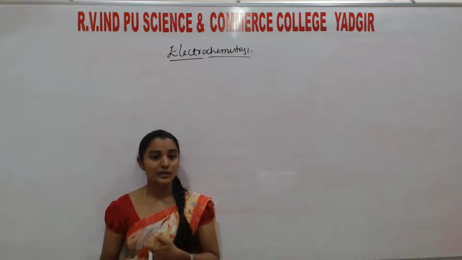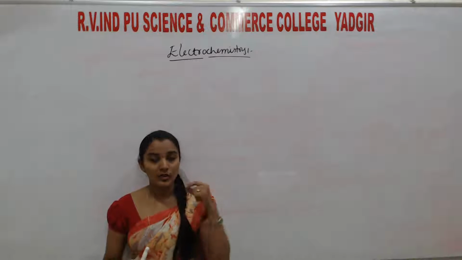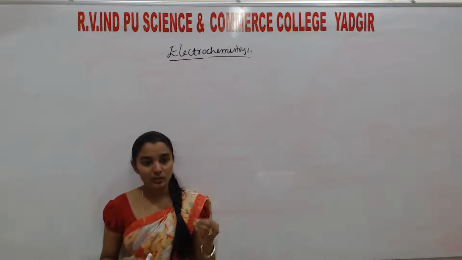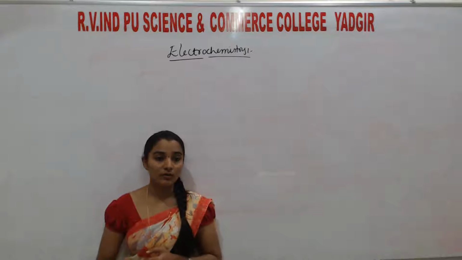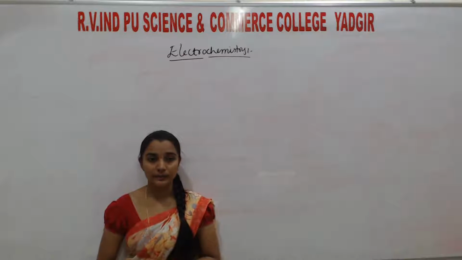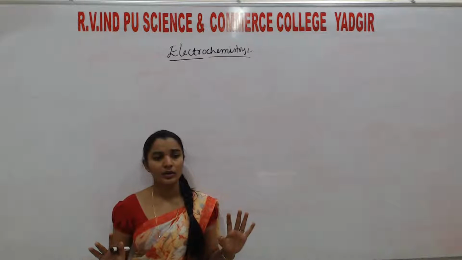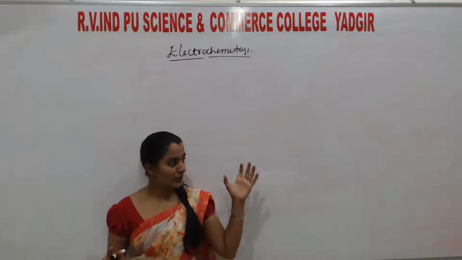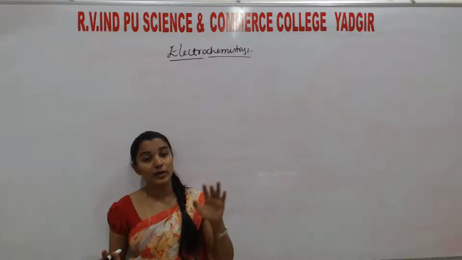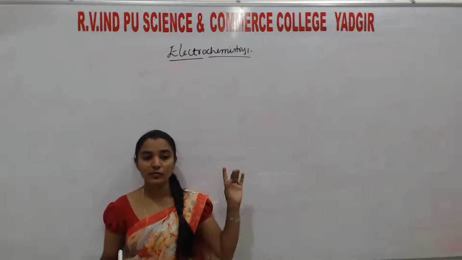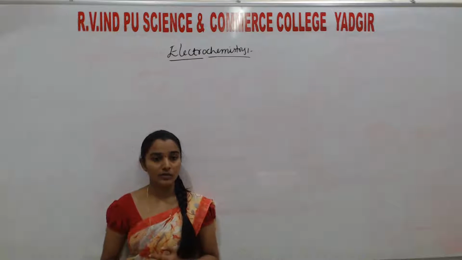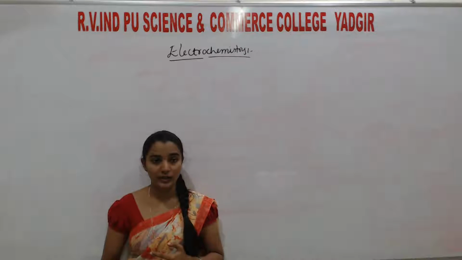That is called electroplating. So electrochemistry has a vast application in the preparation of jewelry ornaments. Not only that, if a single layer of any metal is placed over any other metal, that is because of applications of electrochemistry. That is called electroplating.